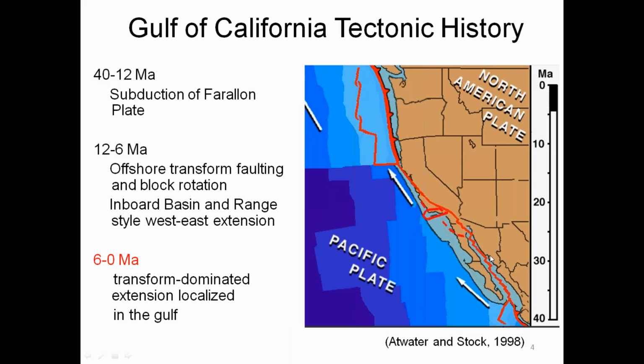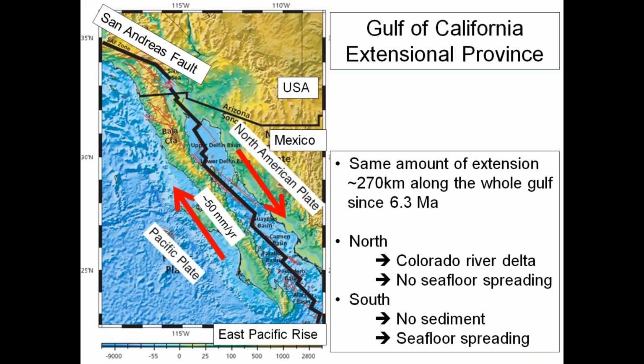By 6 million years ago, the transform dominated extension jumped inboard into the Gulf and localized in the whole Gulf. This is present-day Gulf of California. The plate boundary between the North American plate and Pacific plate is shown by the thick black line, which is a series of transform faults and short rift segments.